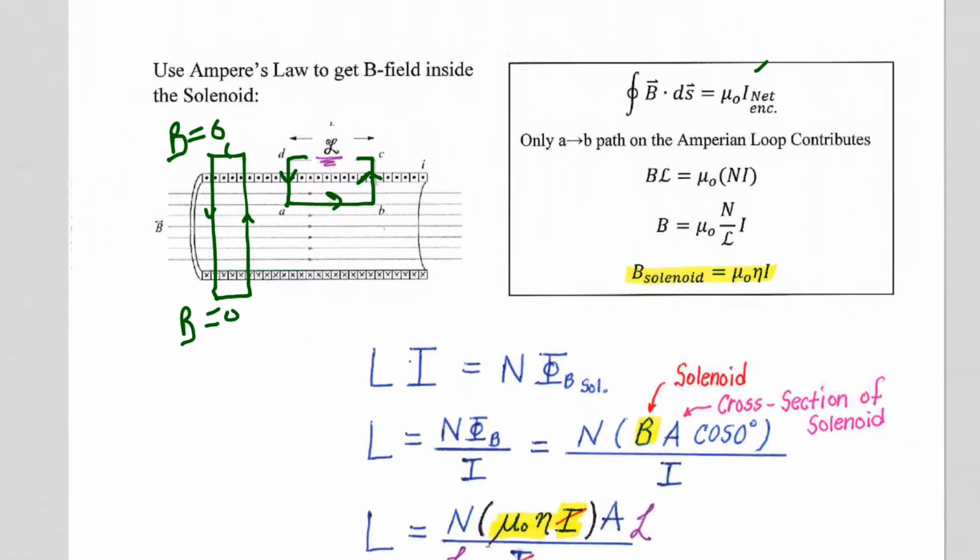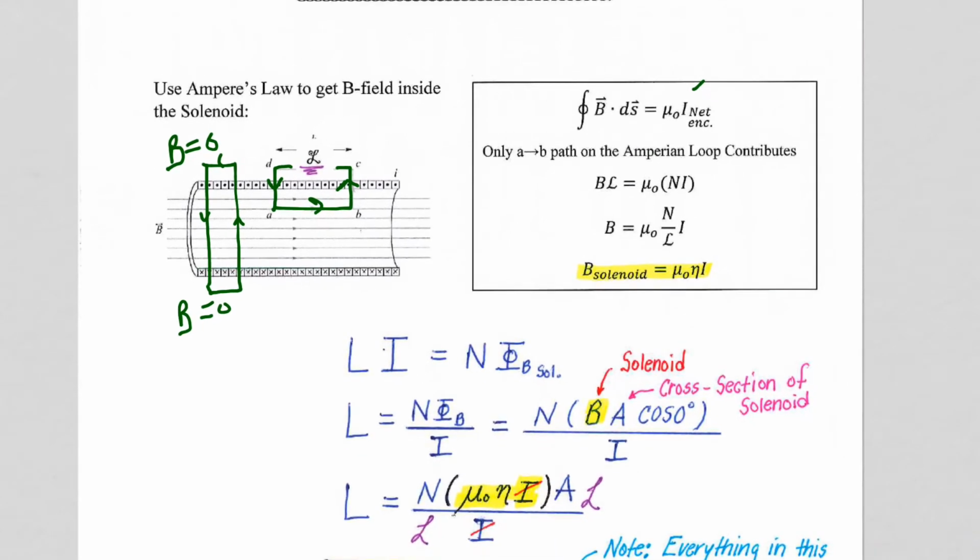Now inside the core of the solenoid, we're going to use our Amperian loop right here. We see that the B field inside of the solenoid, when we do Biot-Savart, I dL cross r hat, is in the direction to the right in this case, from the current coming out of the paper.